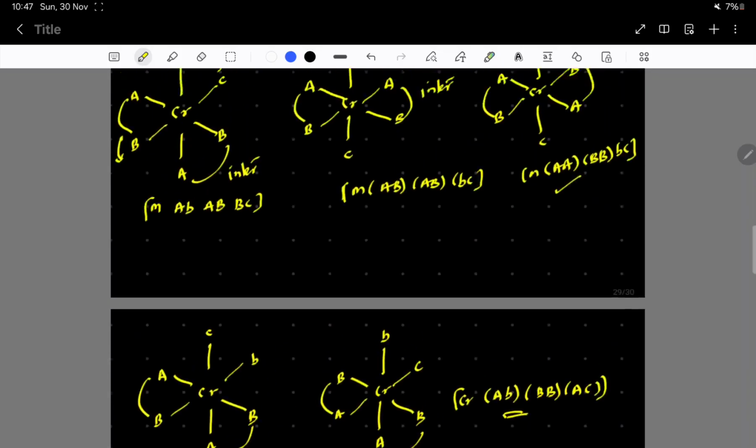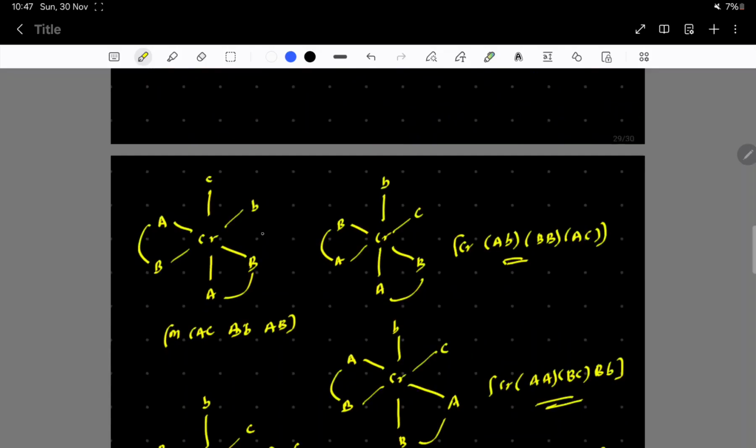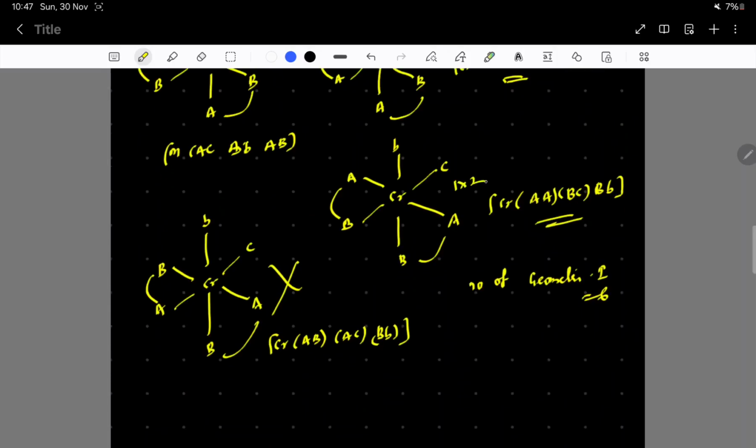Now look at, student, here plane of symmetry is present. So now here we will get one mirror image, student. So here we will get 1 into 2, and here this is 1 into 2, right? Now here also no plane of symmetry, here 1 into 2, so here 1 into 2, right?